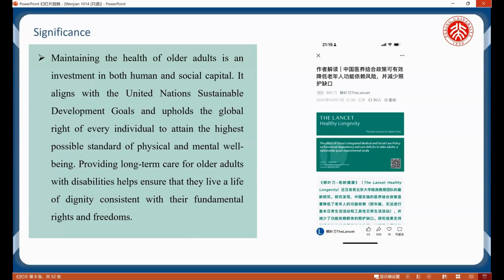It aligns with the United Nations Sustainable Development Goals and upholds the global right of every individual to attain the highest possible standard of physical and mental well-being. Providing long-term care for older adults with disabilities helps ensure that they live a life of dignity consistent with their fundamental rights and freedoms.